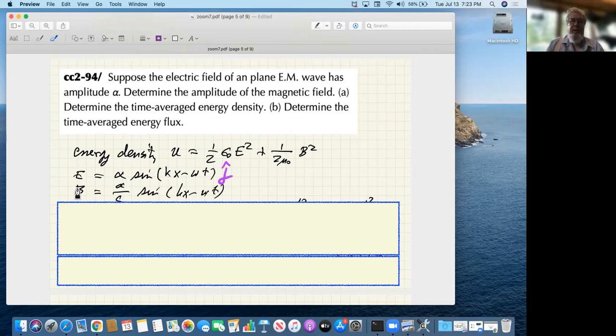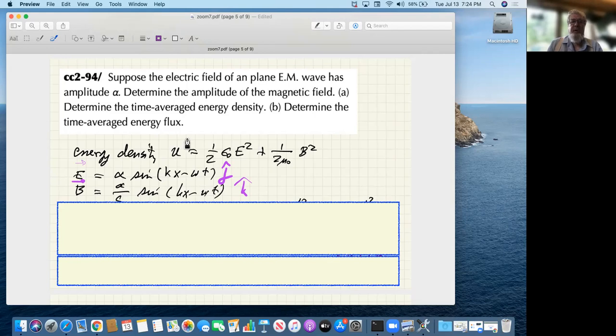And B, making this a vector, has to be perpendicular to both E and the direction of travel. So that must be in the z direction. The amplitude is alpha divided by c, and it has the same sine(kx minus omega t) position and time dependence.